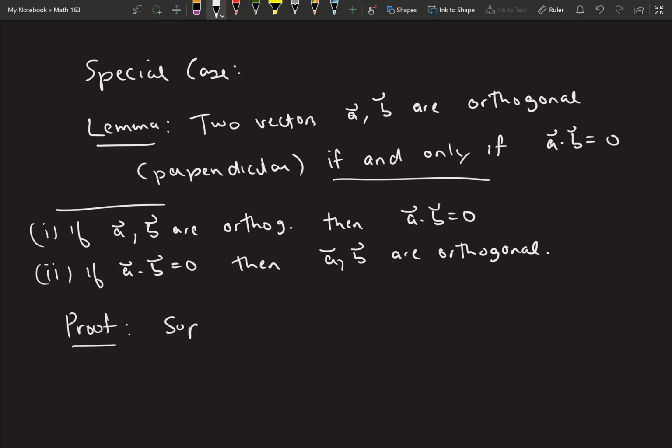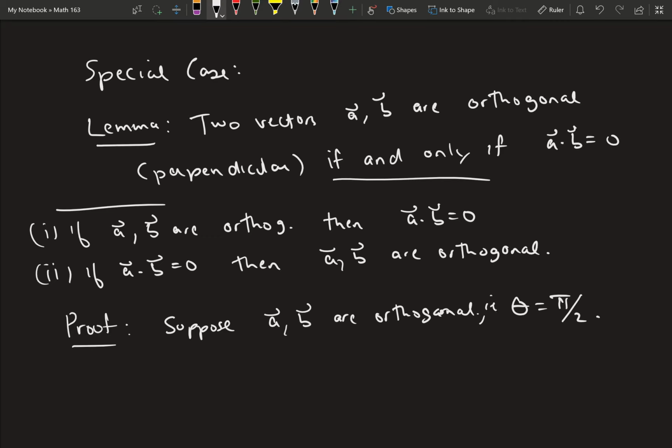So first, suppose A and B are orthogonal. What does that mean? That means that the angle between them is 90 degrees, or pi over 2.